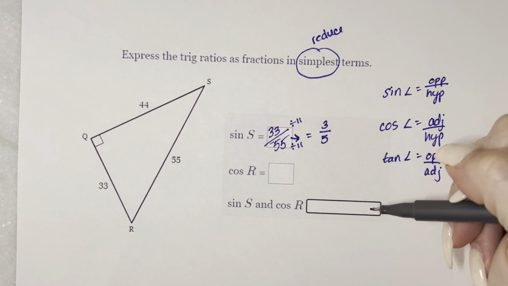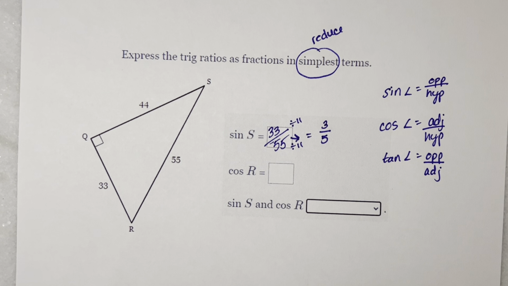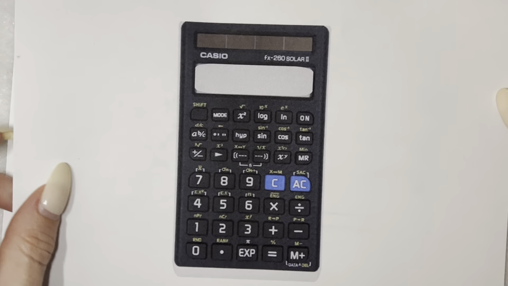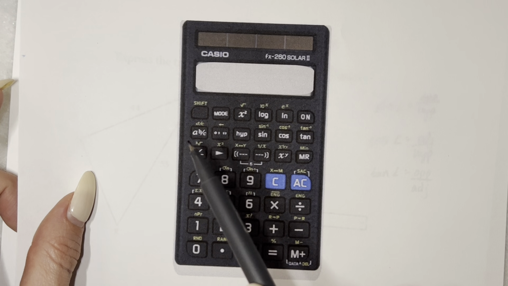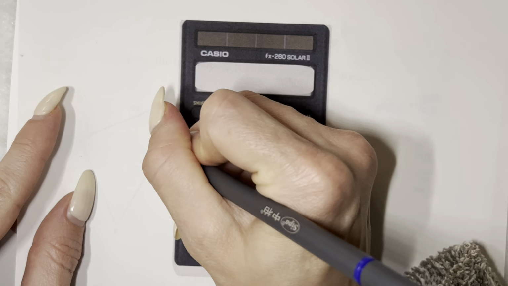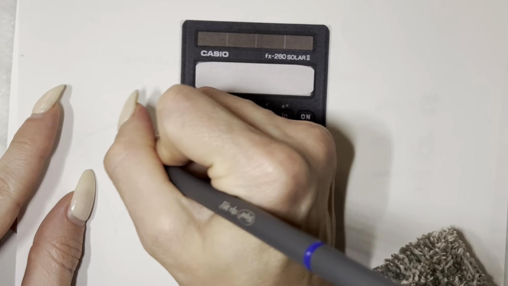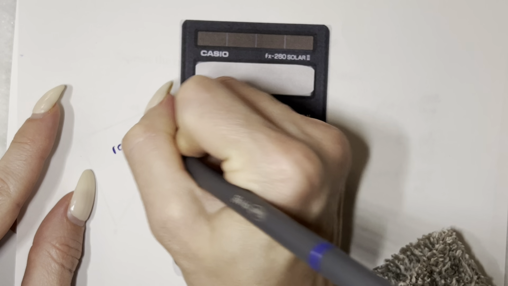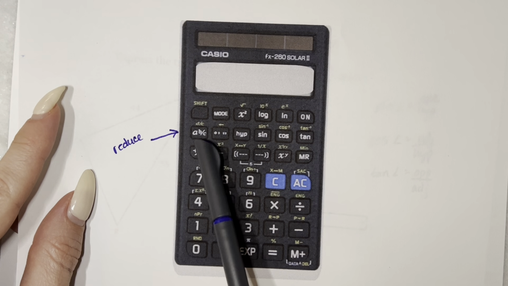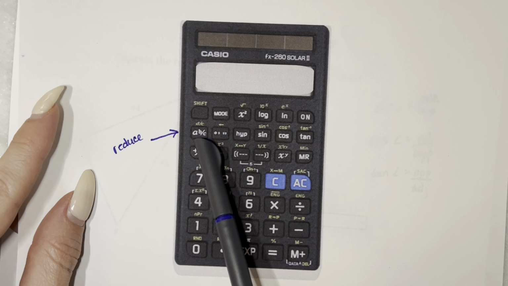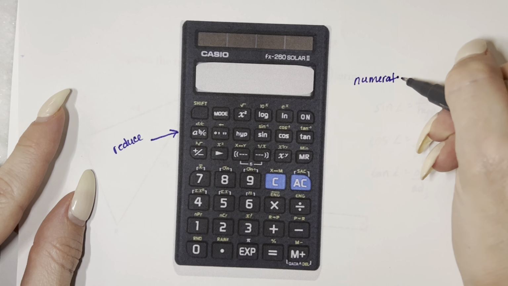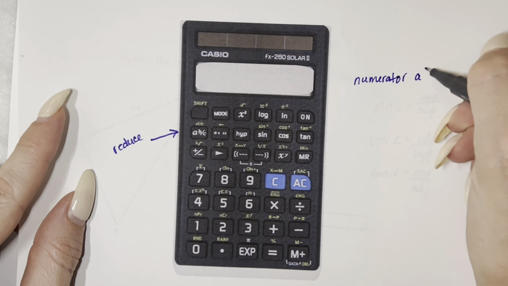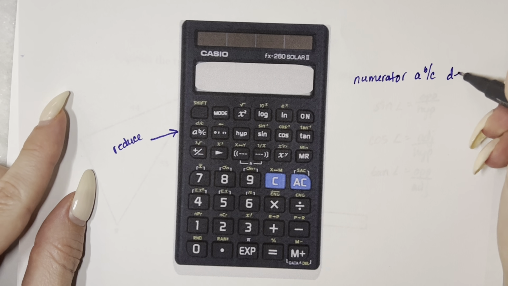You can actually use our calculator from class. I don't know where my actual calculator is, so I printed this beautiful picture of it. But you remember that this ABC button right here is how we reduce. So you would type in the numerator, then hit ABC, then type in the denominator.